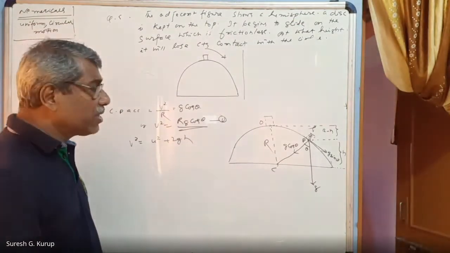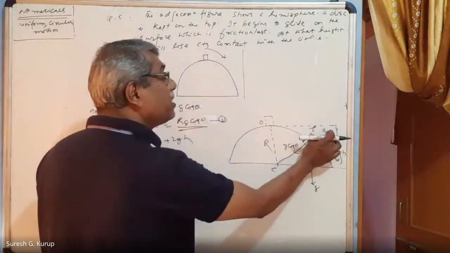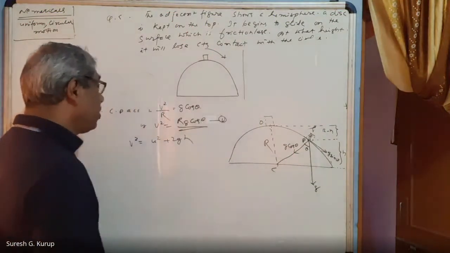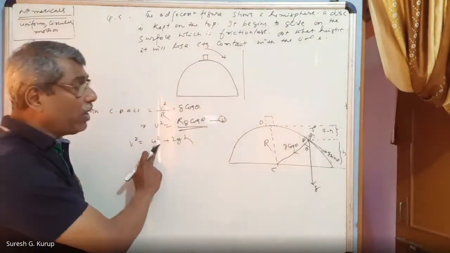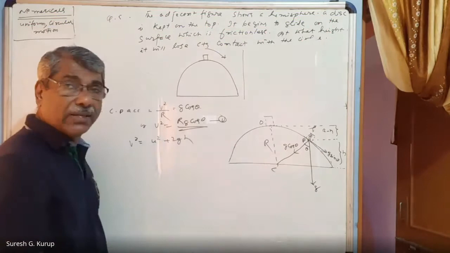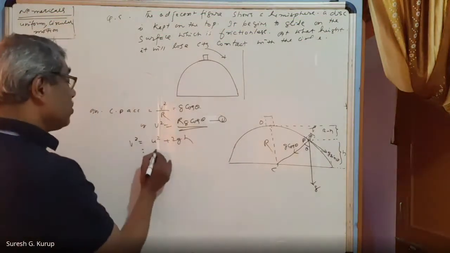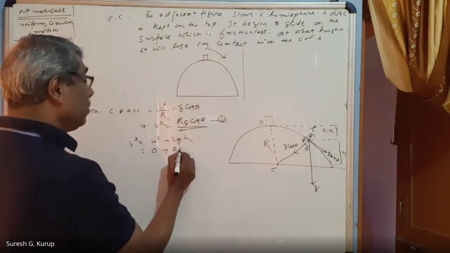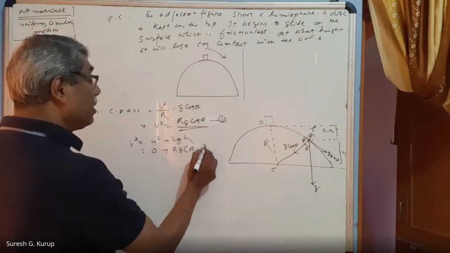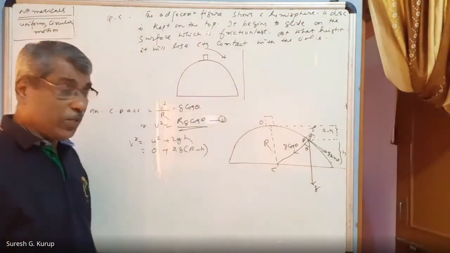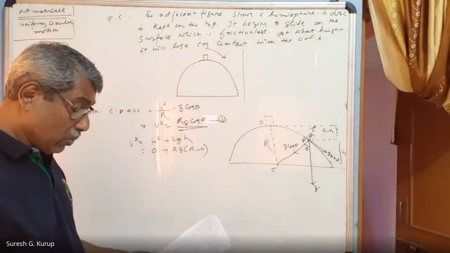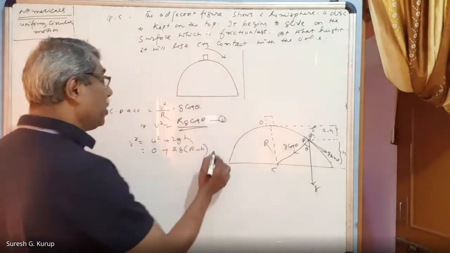What is the vertical distance traveled by the body in this case? h is equal to r minus h. u is equal to 0, because the body is starting from rest. Therefore, we can write 0 plus 2 into g into r minus h. So, v square is equal to 2g into r minus h. This is equation number 2.